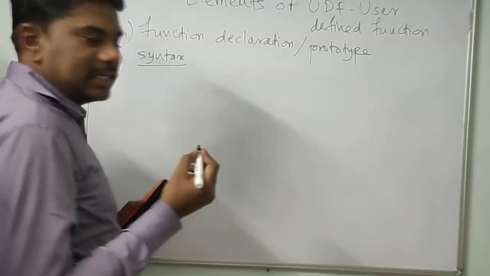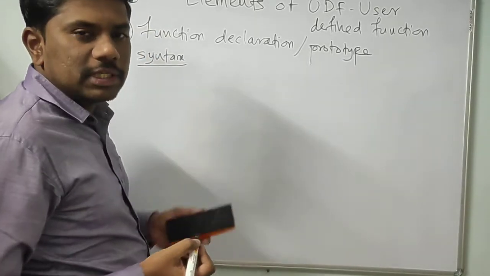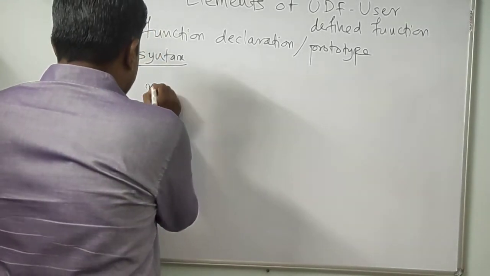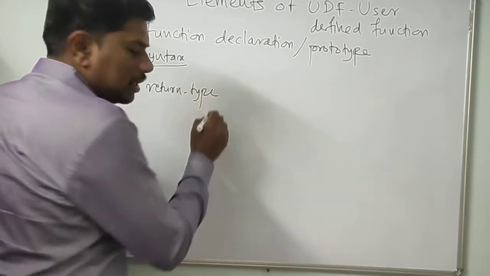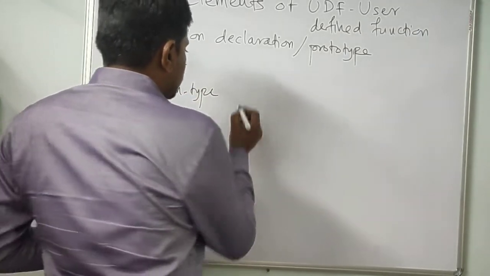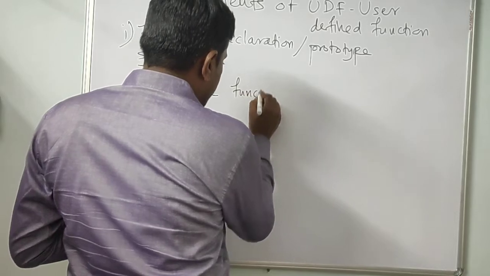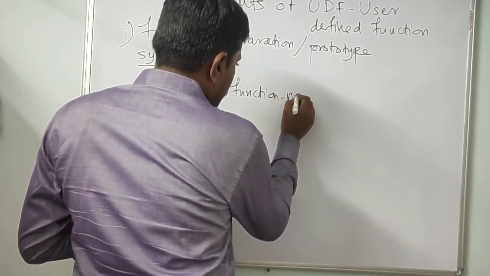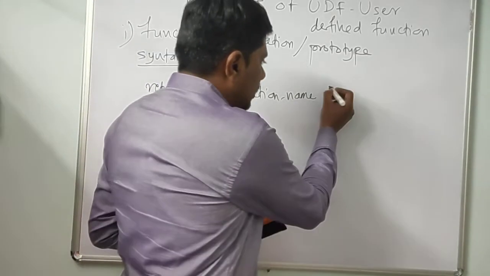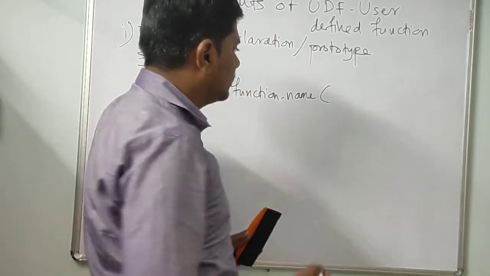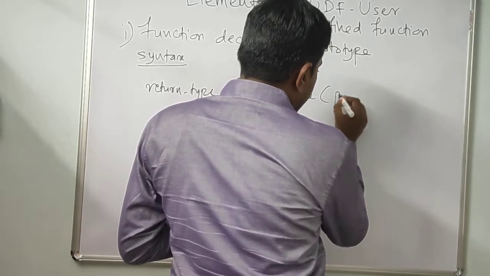The first sub element of this function declaration is return type. There should be a return type. Next sub element is function name, then rounded parenthesis, and then parameter list.